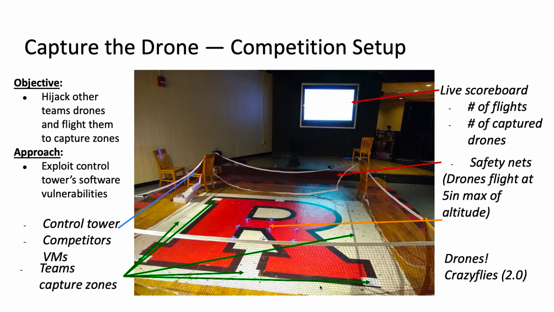So we had this capture the drone setup where we had this whole arena and all these little Crazyflies. You can probably barely see them. Each team had a zone and the goal was to capture as many drones as you could. At the end of the day, you're trying to hack the air traffic controller and steal other people's drones.